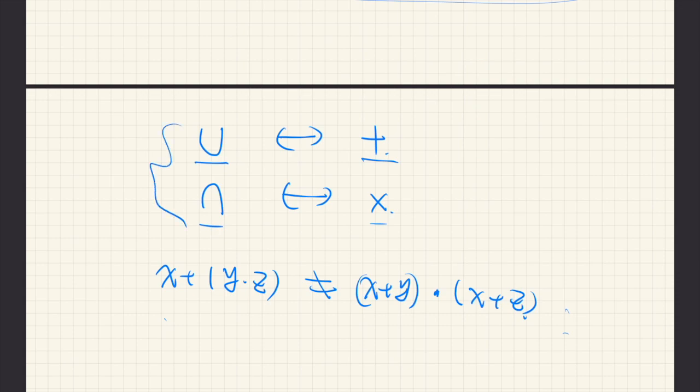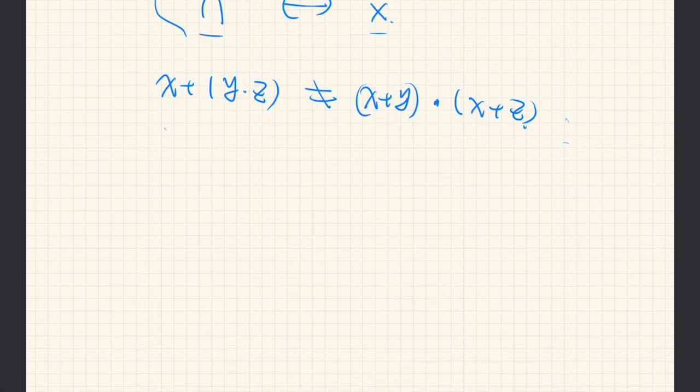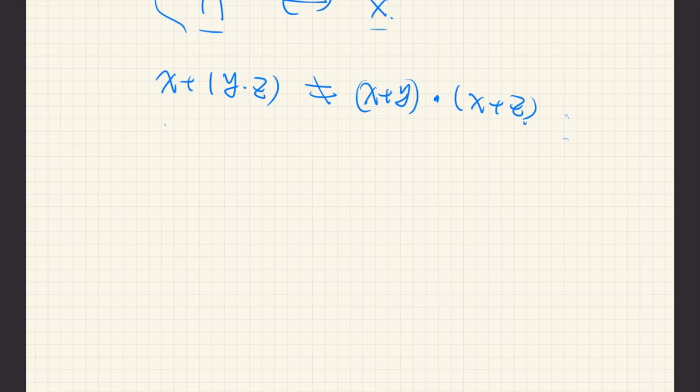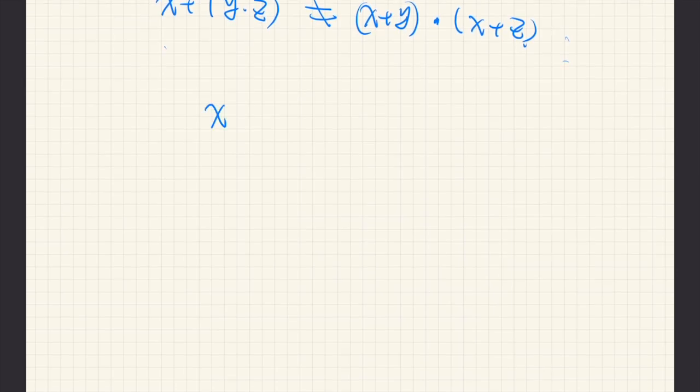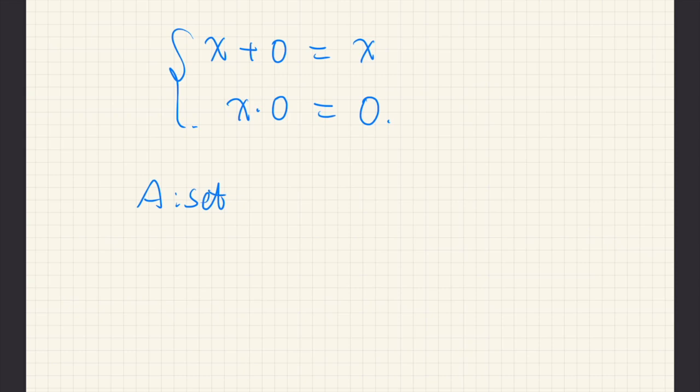And this analogy can be understood even better if we consider the operation with the empty set. In the case of numbers, for any number x, if we add 0, then the result is still x. And if we multiply x by 0, then the result is 0. And similarly, for any set A, if we take union of A and the empty set, then the result is A itself.